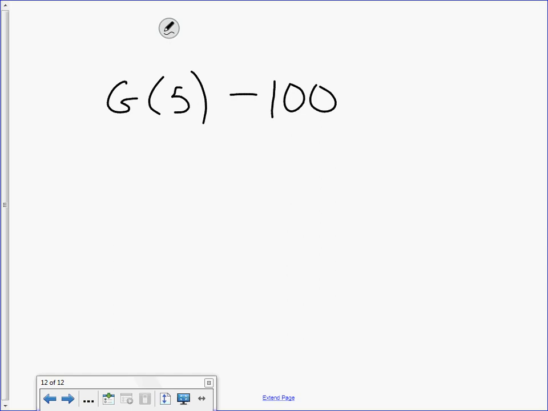All we have to do on our calculators is take Y1 of 5, that's telling you the rate at which the gravel's arriving at time 5, and then subtract 100 and see if we get a positive or negative value. Some people would just figure out the rate it arrives at 5 and see if that's greater than or less than 100.